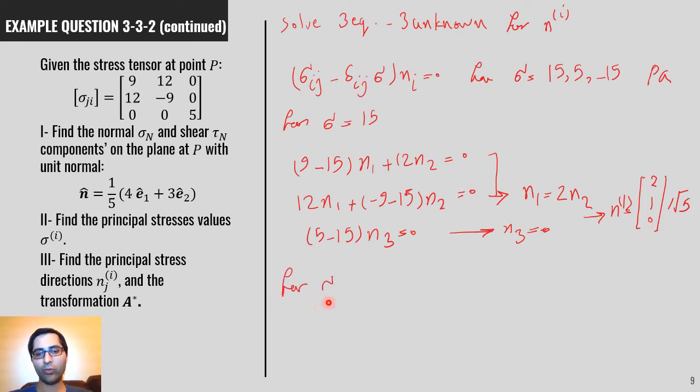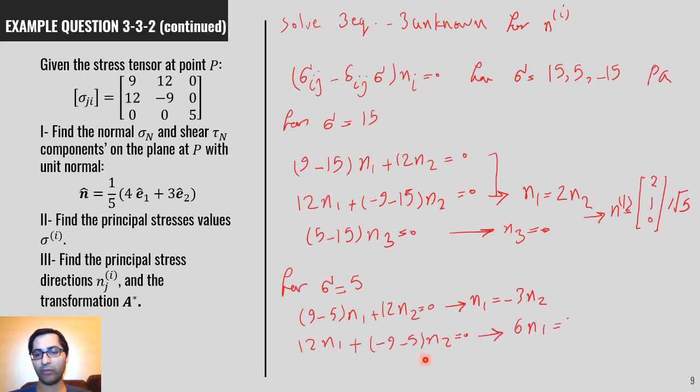For sigma equal to 5, for i equal to 1, we get n1 minus 5 n1 plus 12 n2, which results in n1 equal to minus 3 n2. For i equal to 2, we have 12 n1 plus minus 9 minus 5 n2 equal to 0, which gives us 3 n1 equal to 7 n2.